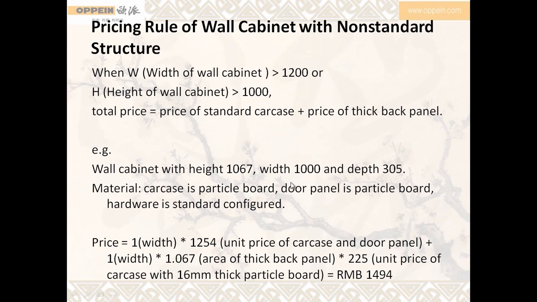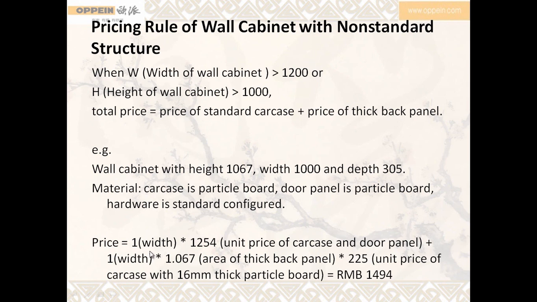1,067 and width 1,000 and depth 305. Material of carcass is particle board, door panel is particle board, hardware is standard configured. Then the price formula. It consists of 1, 2 parts.